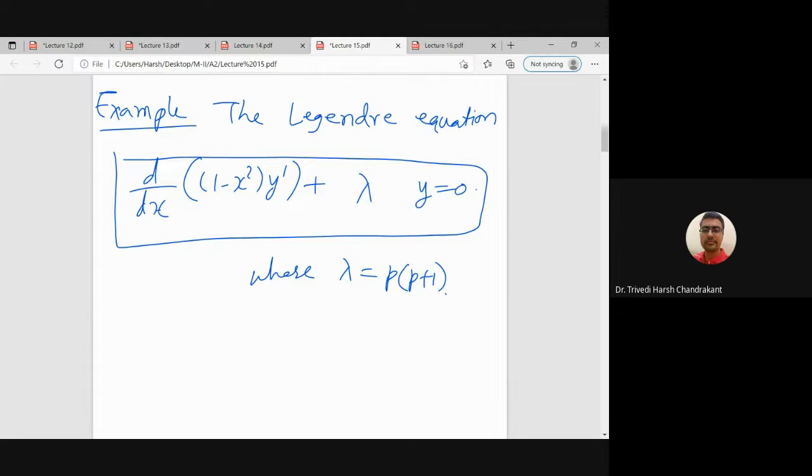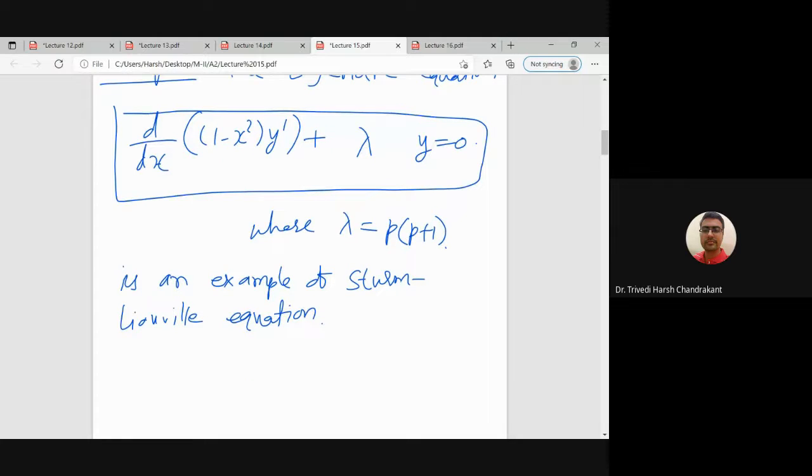So the Legendre equation is an example of a Sturm-Liouville problem where if we take a special value of lambda, that means when we take p equal to n, we get lambda n equal to n(n+1), some particular value of lambda.